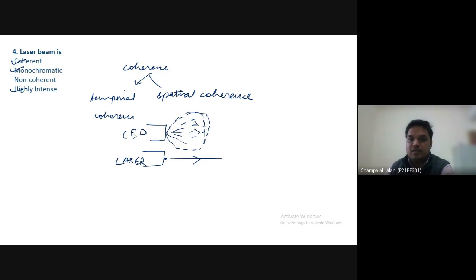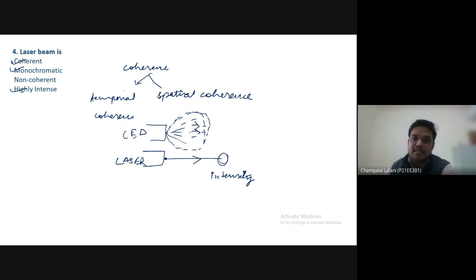They emit light in all directions, so they are not coherent in the spatial domain, whereas lasers are coherent in the spatial domain. Because of this coherency, the intensity at any instant is very high. Power density per unit area: here power is distributed over the complete area, whereas here power is confined in one direction.